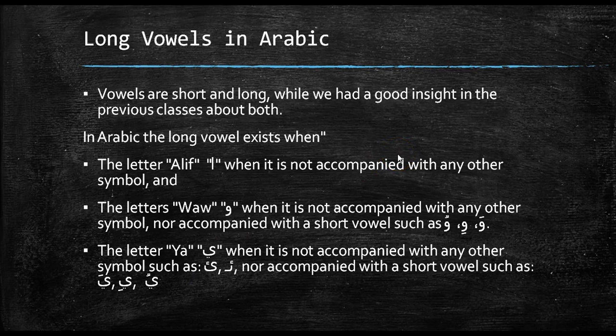Okay? Now, let me just emphasize here a little bit. This is an alif, right? Whenever we have this form here, it is a hamza. It is not an alif anymore. But if we have this here before the alif, this is an alif and this is a hamza.